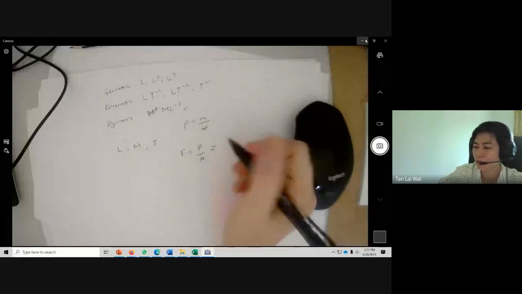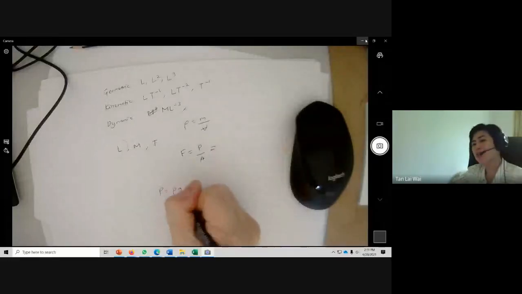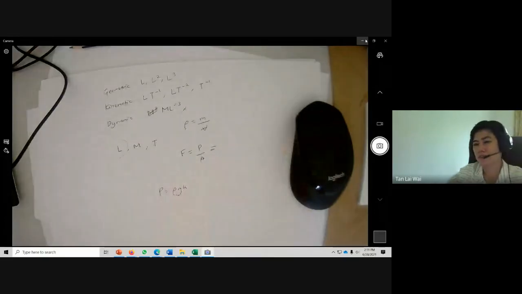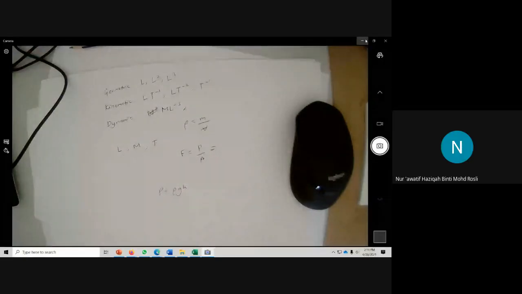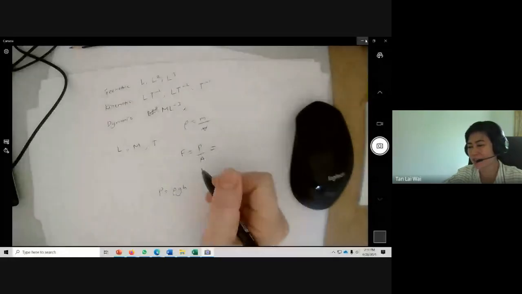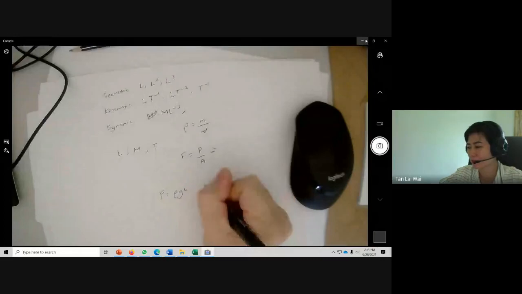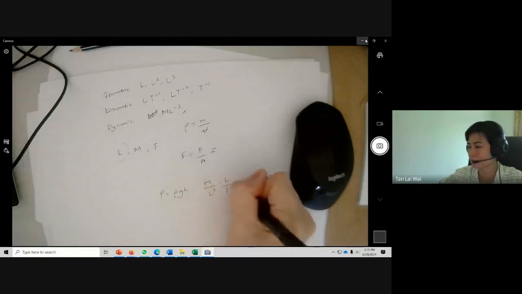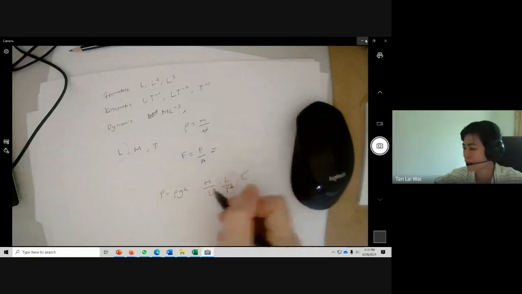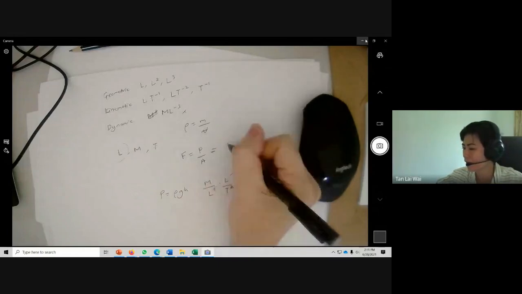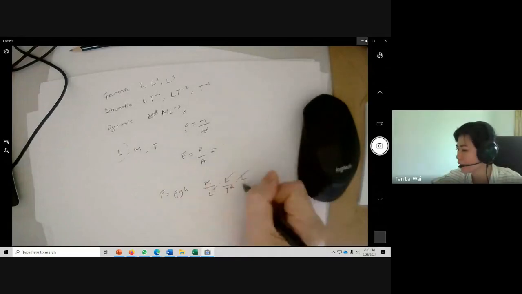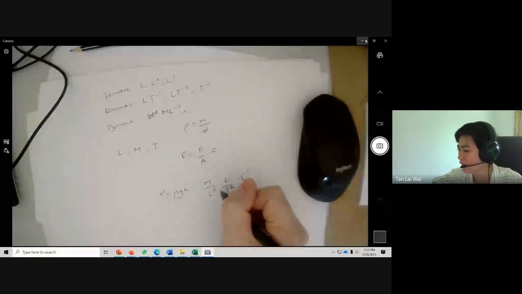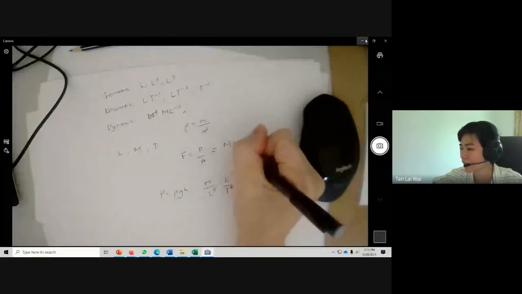Pressure is also equal to rho g h, right? Agree on that? Yes, doctor. Okay, so what is the unit here? And then I have L squared, so L cubed. So I could have M, L to the negative 3, T to the negative 2.